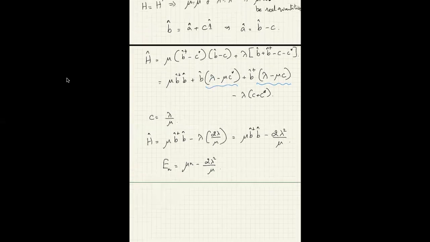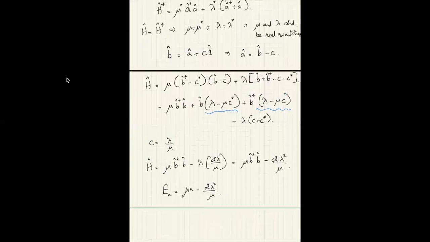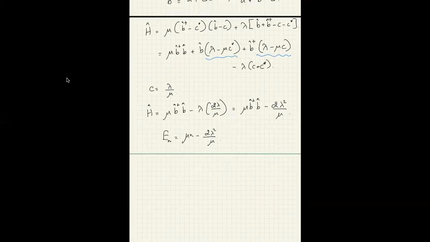Yes, instead, you can simply start by saying A is some B minus some other operator C, and then figure out the constraints on the C operator. And if you can work it out, then that is well and good. It will be some other constant that is shifted, that is all. But in this case, we got lucky because the same choice of C, lambda over mu, gets rid of both the linear terms in B and B dagger.